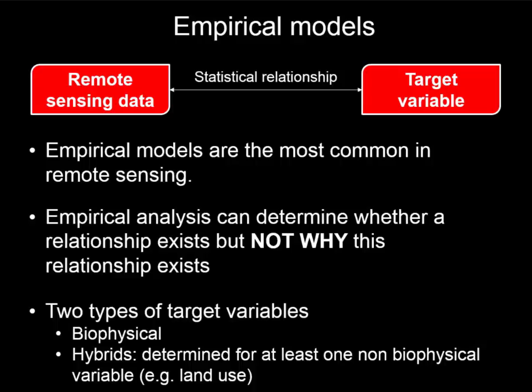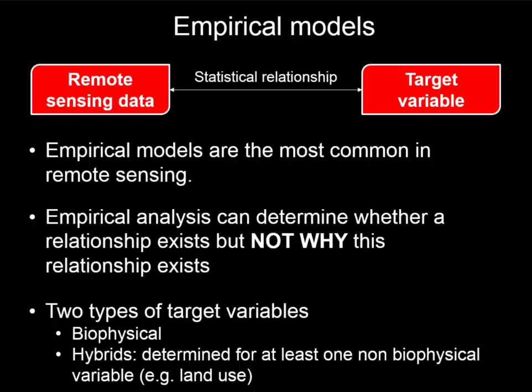So let's talk a bit more about empirical models. These models are the most commonly used in remote sensing. And these models can determine whether a statistical relationship exists between the data and the target variable, but they will never tell you why this relationship exists.